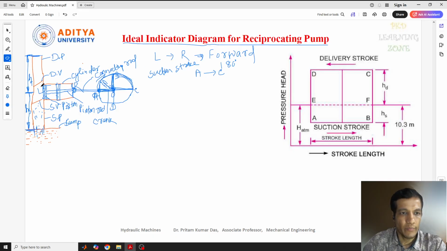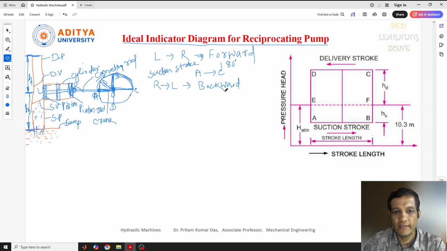Similarly, the piston will reach this point, from the left side to the right side. Again, this half revolution is completed. Now for the remaining half revolution, from this right side to the left side, the piston will start moving. When the piston moves from right to left, this is called our backward direction, or we can say reverse direction.